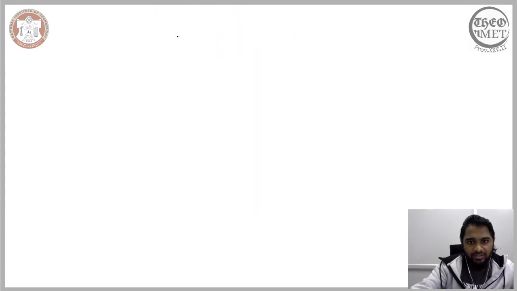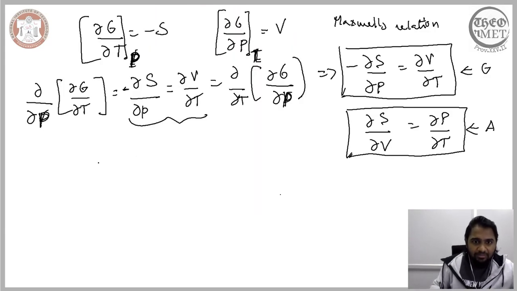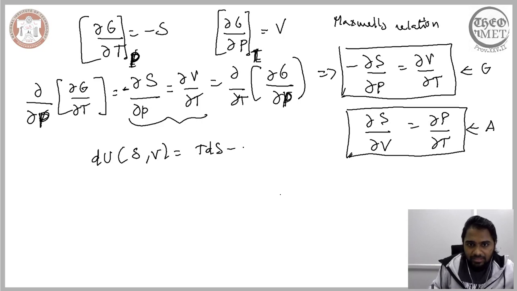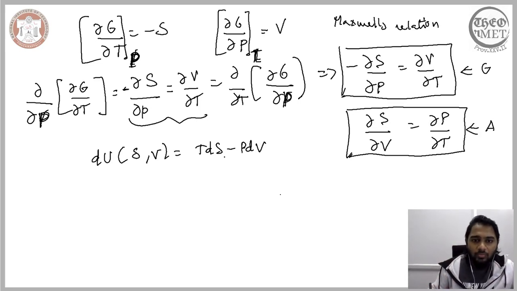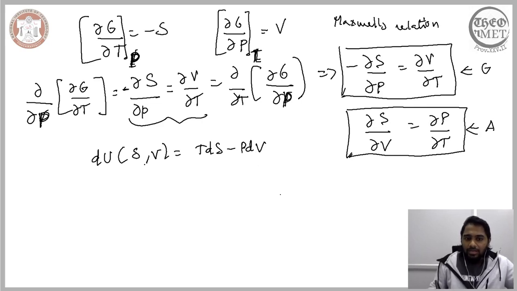In order to do that, let us begin by writing the expression for the internal energy. It is dependent on the entropy and volume: dU equals TdS minus PdV. This is the first expression that we have seen in this lecture. Now what we will try to do is get rid of this dV term here.